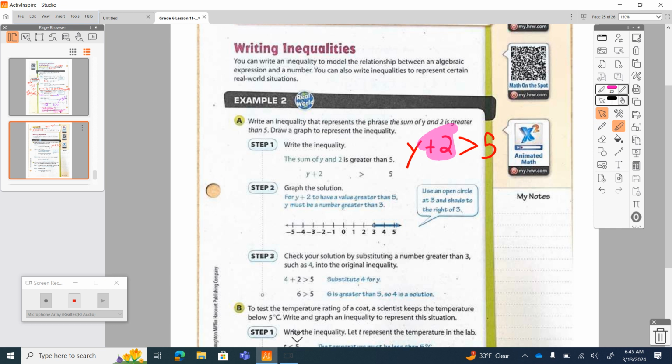So how do we get rid of the 2 on this side? We subtract 2 on both sides. And then we can do that. It's an open circle because there's no equal to. 4, 5, 6 are greater than 3. So what does that mean?